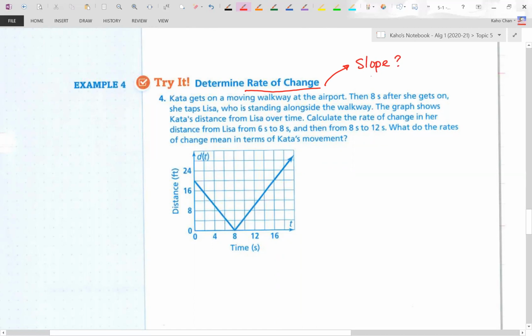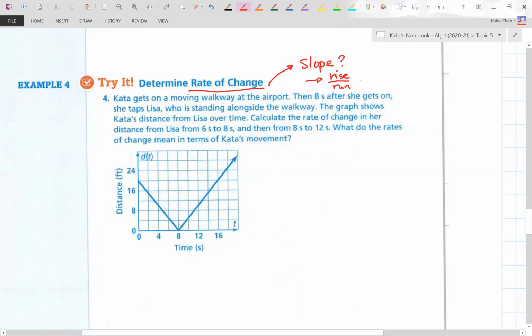Slope is rise over run. Rise and run, as a formula, you may recall, is y2 minus y1 divided by x2 minus x1. That's the formula for slope m. Just want to remind you when it comes to graphing lines.